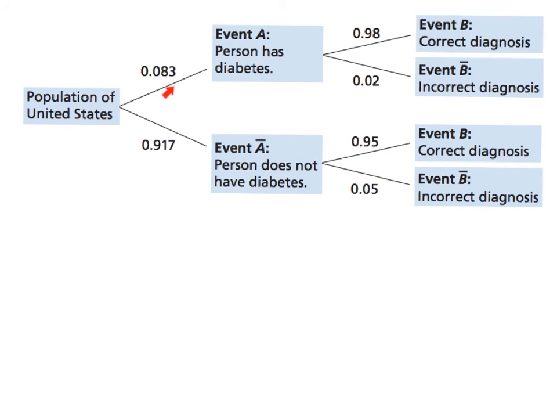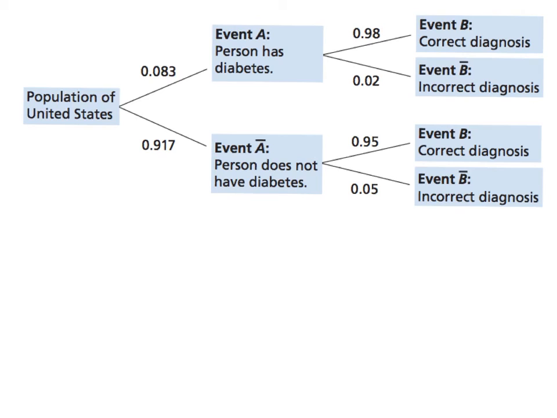So if we know 8.3% of the people have diabetes, 91.7% of the people do not. Now, if in A, we know that 98% of the people are correctly diagnosed. That means B bar will be 2% are incorrectly diagnosed. We know that of those who do not have diabetes, from our given information, 95% are correct diagnosis. That means 5% are not.